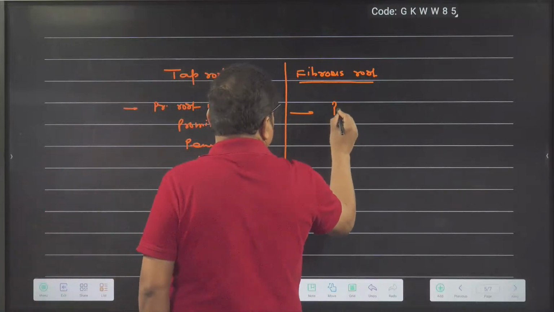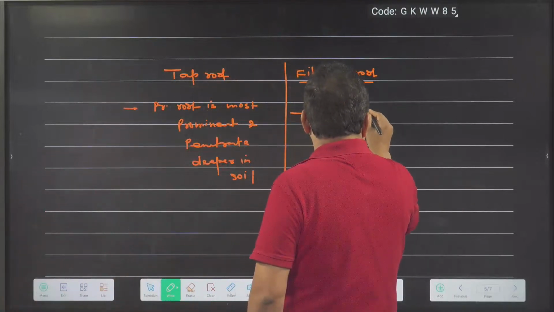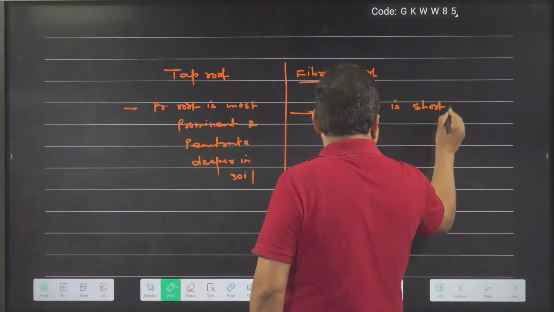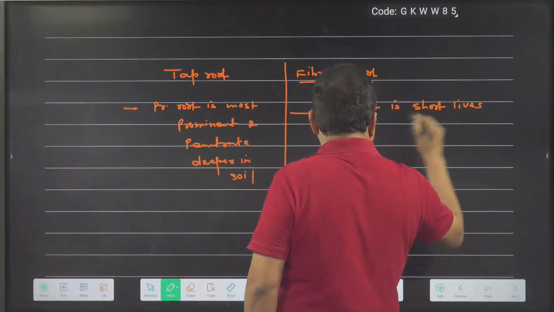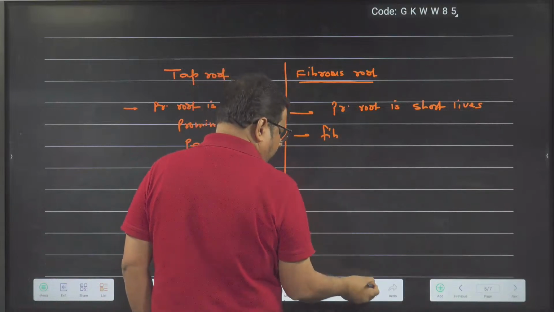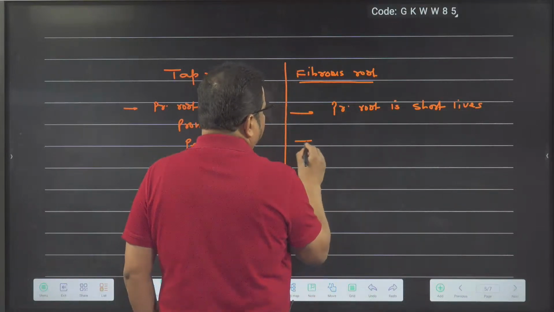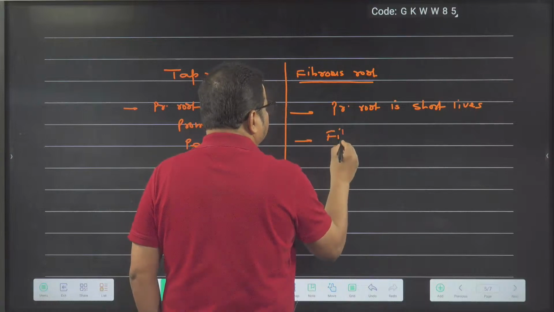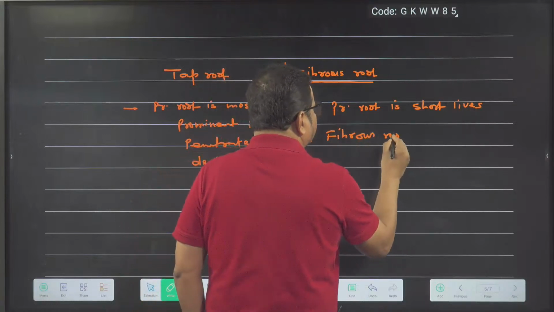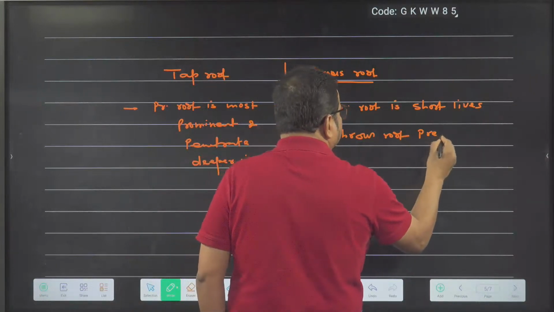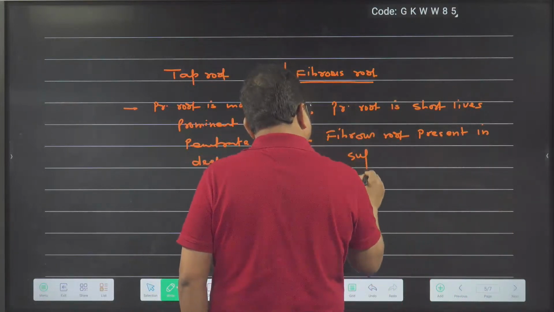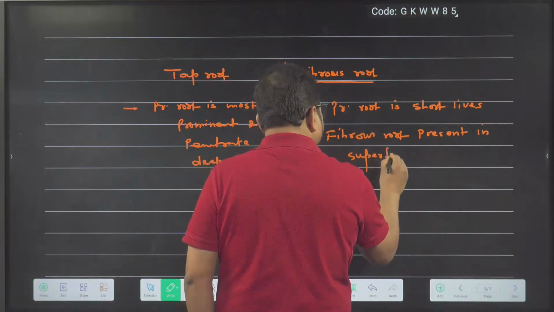Here the primary root is short-lived. I am writing fibrous root, otherwise you will confuse it with primary root. Fibrous root is present in the superficial layer of soil.